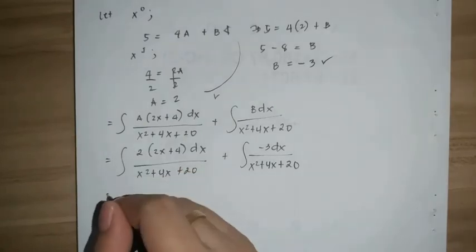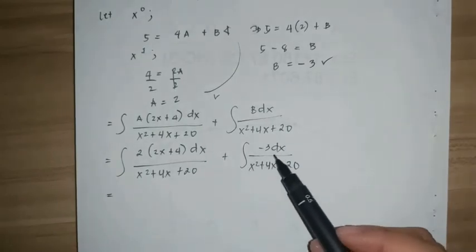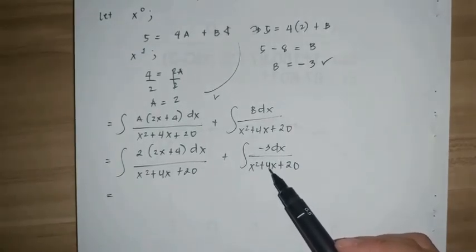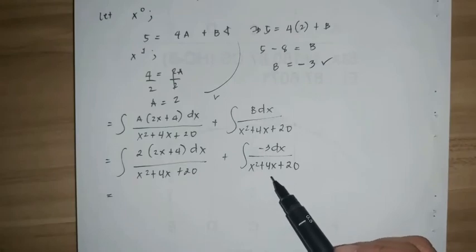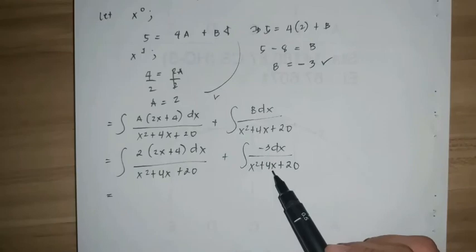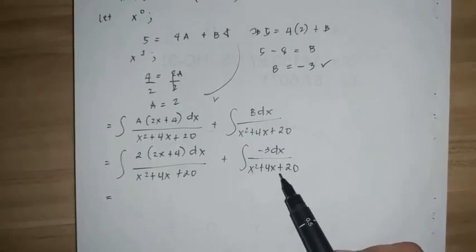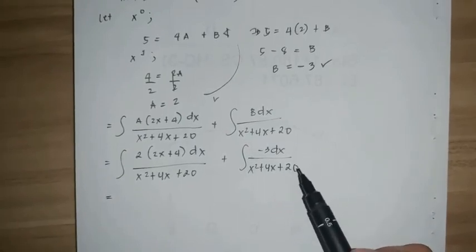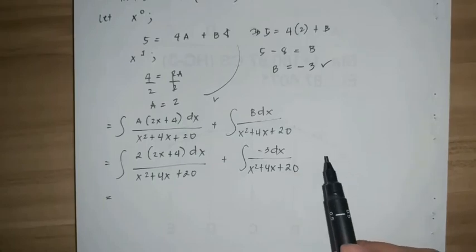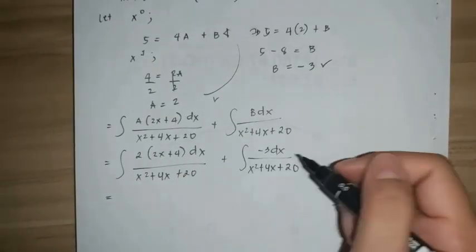As you can check here, we have negative 3 dx over x squared plus 4x plus 20. With this one, we are not allowed to use the basic u substitution formula, but we could make use of arctan, since the result is an arctan, an inverse trigonometric function.